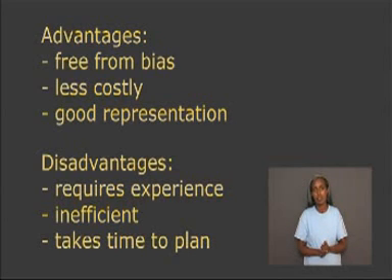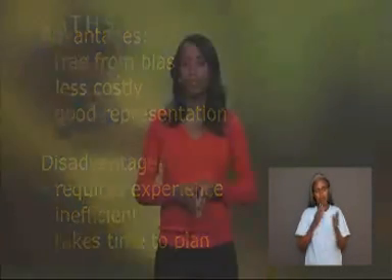As you saw in the lottery and random number table examples, it can require time to plan and carry out. It is sometimes inefficient because of the amount of time it takes to prepare.